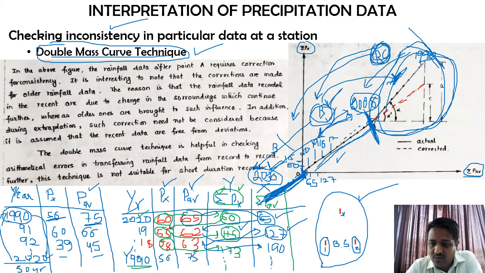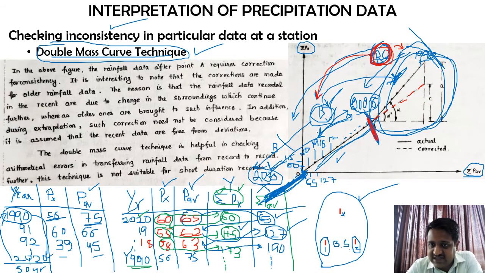I'll repeat once again. I am going to put the corrections for the past years. The reason is that I want to make sure that these previous years' data come in line with the present year's data or rainfall characteristics.